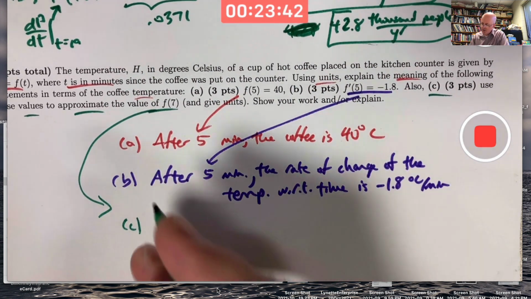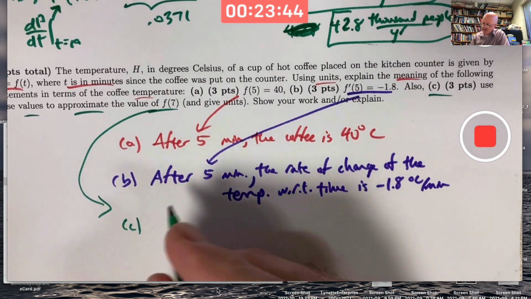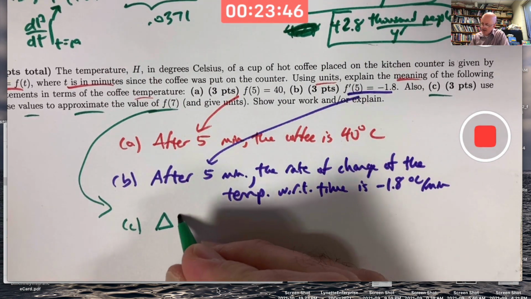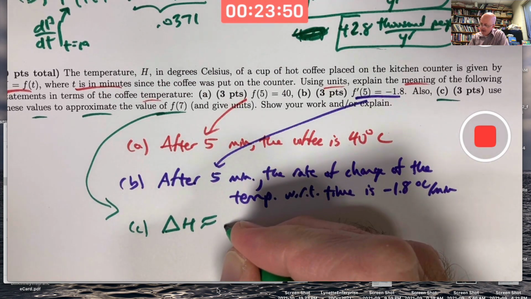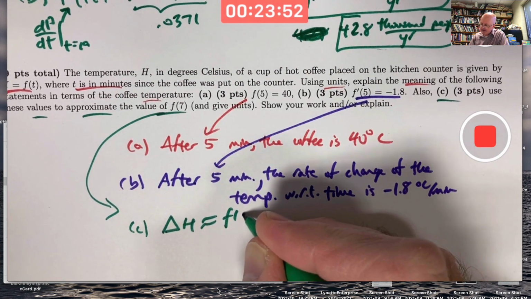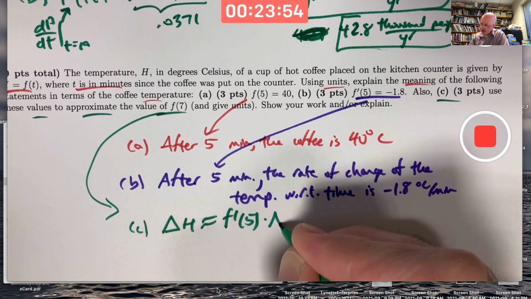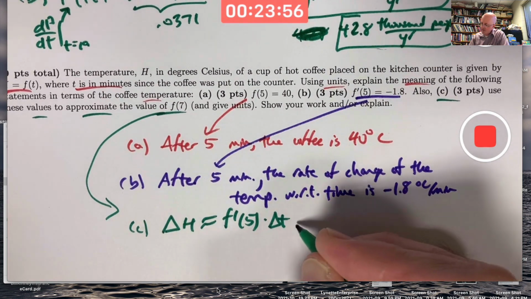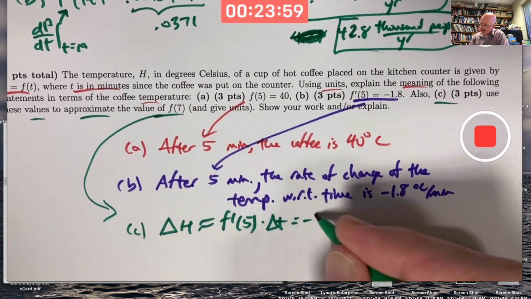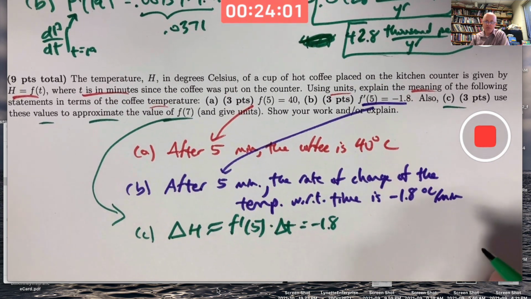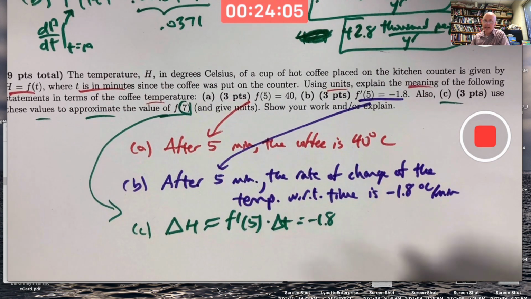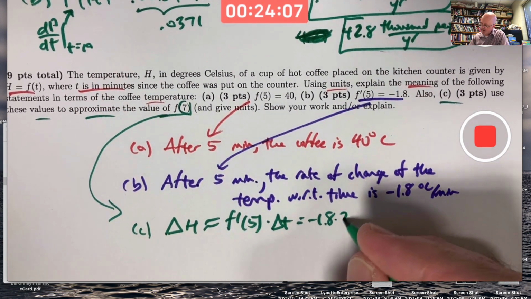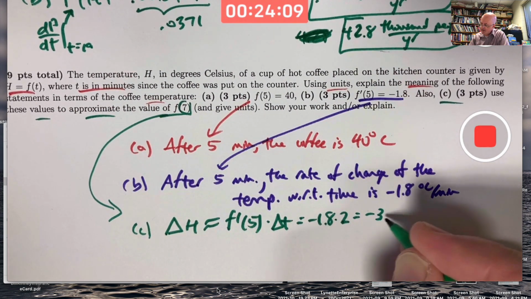You could do it two ways. I like to think of it like a two-step process. The change in the temperature, delta H, is approximated by the derivative at the starting time, 5 minutes, times the change in time. The derivative is negative 1.8. The change in time as we go from time 5 minutes to time 7 minutes is 2 minutes. So you'd multiply this by 2 and you get negative 3.6.